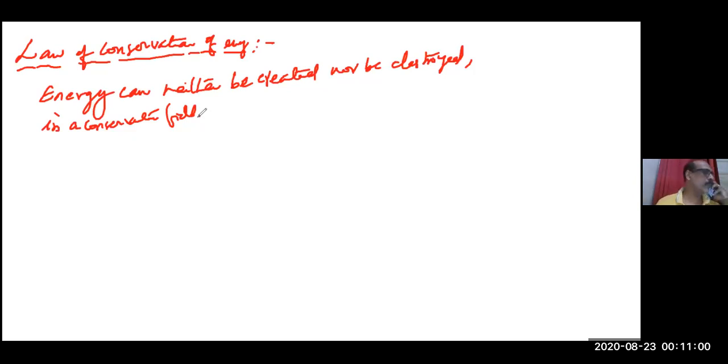Write down. Next, law of conservation of energy in the case of an oscillating spring. Look here.